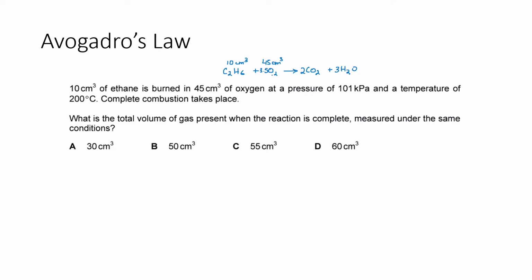Now we need to find out which of these two is the limiting reactant. In case you don't remember what limiting reactant is, you should watch my previous video. All right, so limiting reactant can easily be found using volumes. You don't really need to convert these volumes into moles and then work them out.